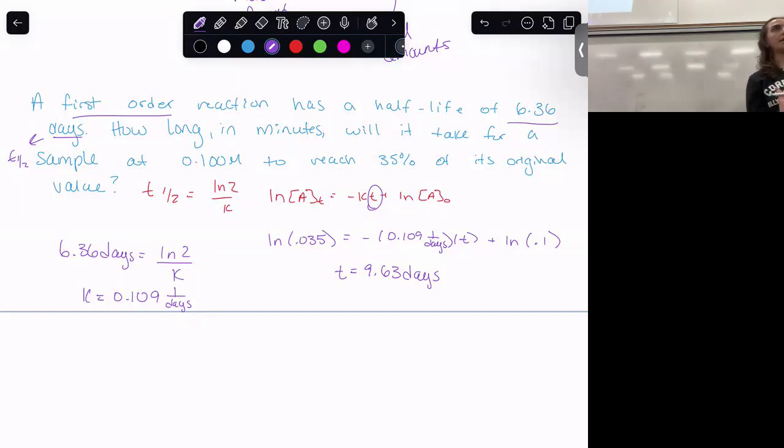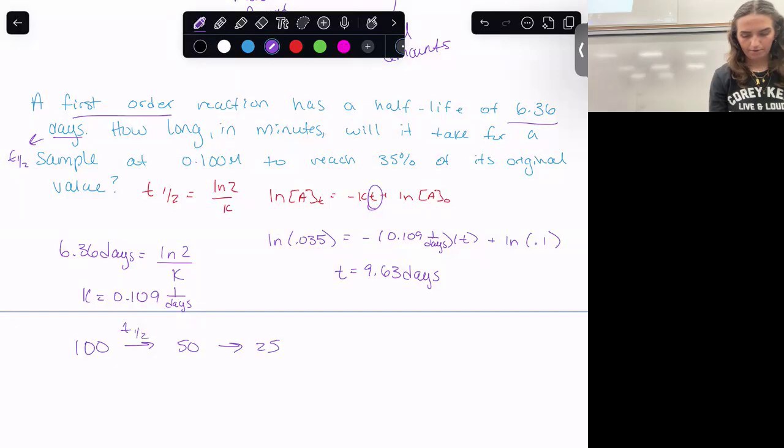I always like to look at T1/2 and ask myself, does that make sense? In that first half-life, from 100 to 50%, that is 6.36 days. I am at 35%, so I am somewhere in between a full second half-life and my first half-life.